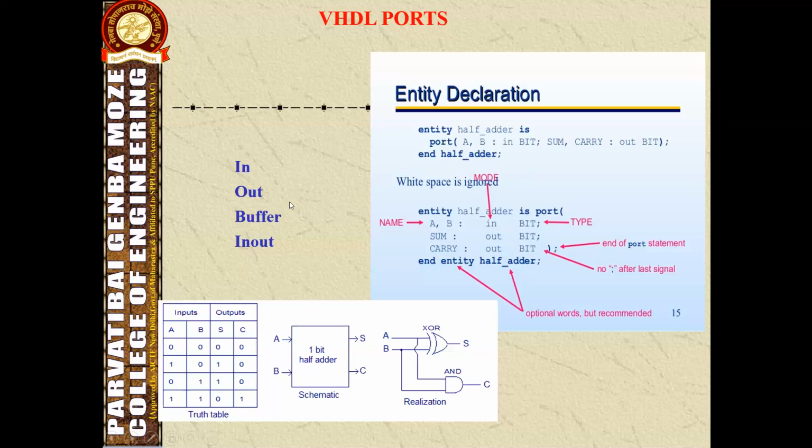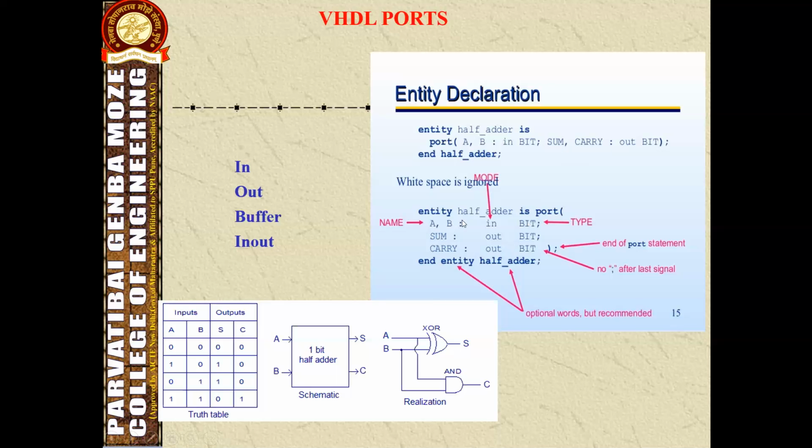See one by one. The port in is only an input. When we are using this port only for input, we are not getting output from this terminal. This A terminal we are only using for input, hence we are using in. In any assignment statement, the port should appear only on the right hand side of the statement.